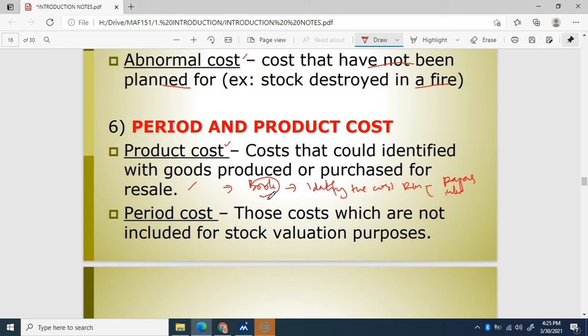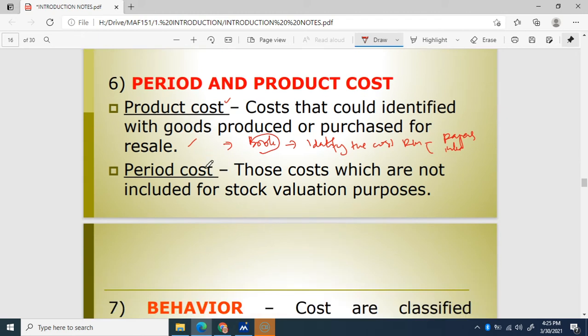So the direct material will be product cost. Whereas period costs are costs which are not included in stock valuation. An example is rent of office. You pay per month. How much is the cost of rental office per month?